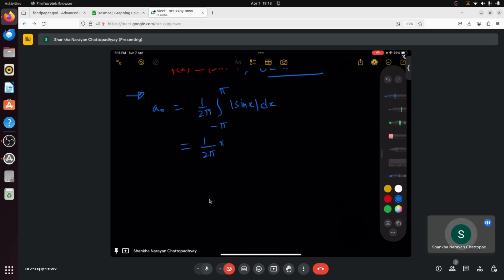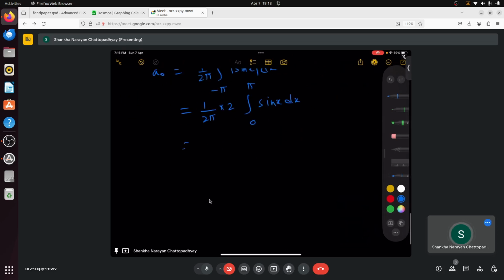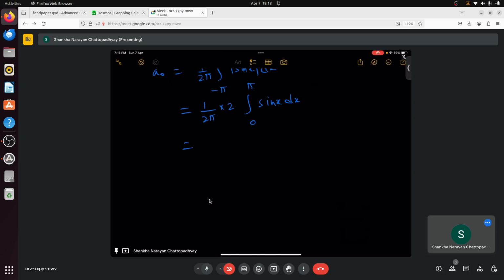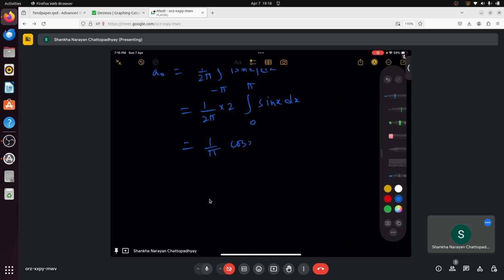This is once again an even function, 0 to pi sin x dx. cos pi is minus 1, cos 0 is 1, so that becomes 2 by pi.